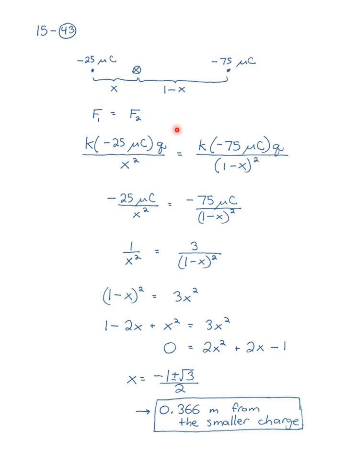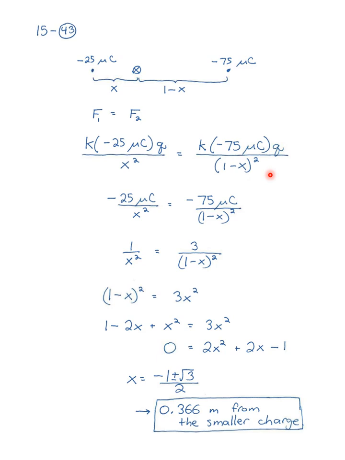Now let's use Coulomb's law. You can see I've expanded into Coulomb's law. I've written K times negative 25 microcoulombs times our mystery charge, divided by x squared, equals K times negative 75 microcoulombs Q over that distance, 1 minus x, squared. Now, usually when we're calculating forces, we do MKS units.